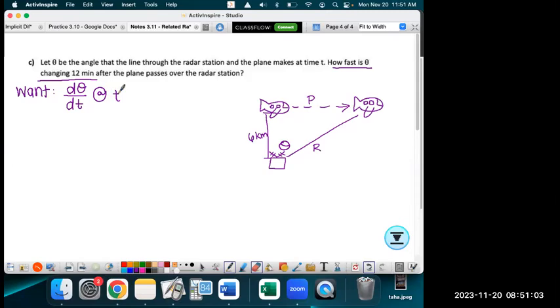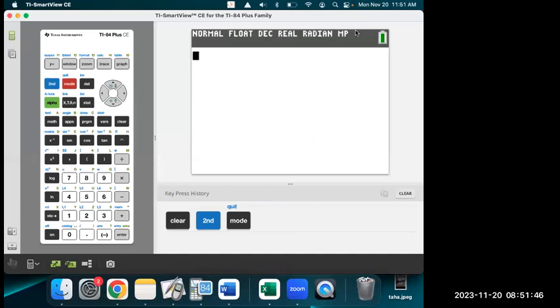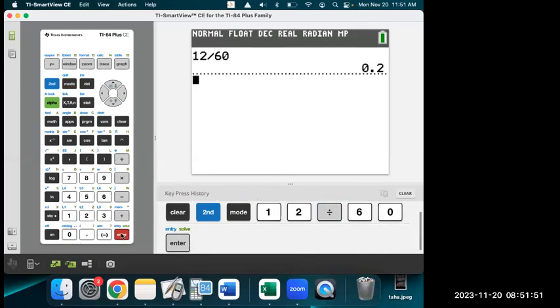So we can use some of the given information from previous parts, but we are not necessarily going to need all of it. Go ahead and convert that. (12/60). 0.2 is a good number. If it was repeating, I would leave it in fraction form.